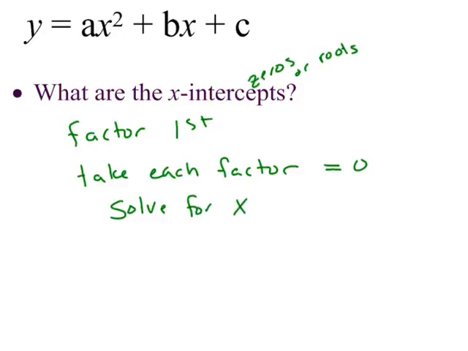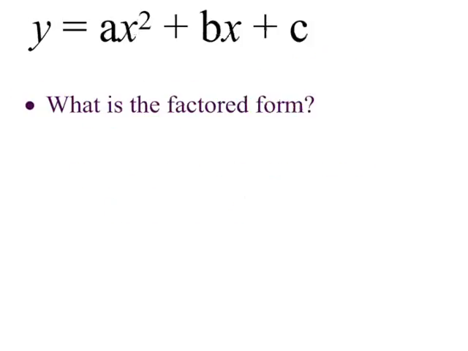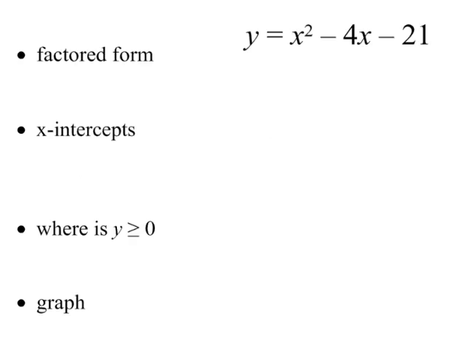Some of you may remember this from a benchmark in the past. All right. Factored form. So what do I mean by factored form? Factored form means the same thing as if I have some constant out front and then x minus one of your roots and x minus your other root. Very important that we know this terminology so you know what the question's asking.